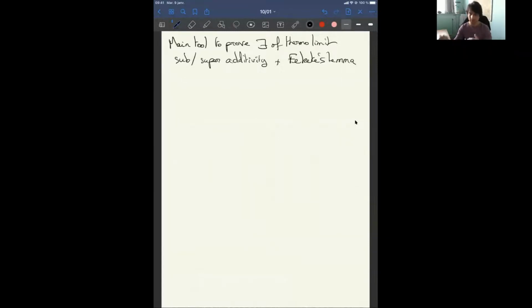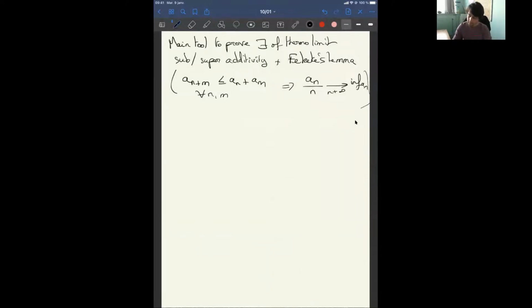The idea is that if you have, say, a subadditive sequence, then this converges, and actually it converges to the inf of an. But the first point is that there is a limit, and then actually you can characterize the limit. But even just proving the limit is interesting.